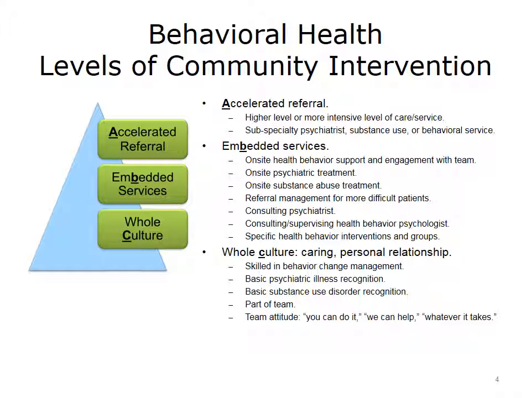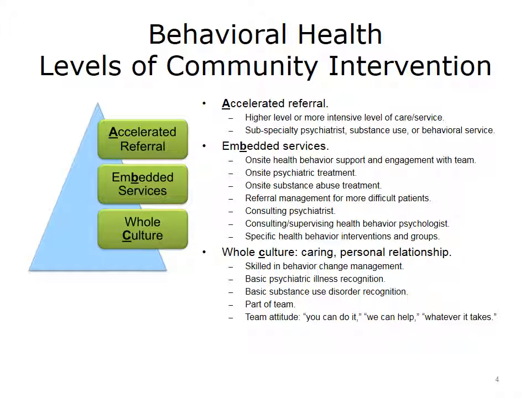The B in the ABC approach refers to embedded services. We've talked about other embedded services on previous slides. On-site psychiatric treatment is another one. So primary care physicians will often consult with psychiatrists about appropriate medication choices for depression or anxiety.